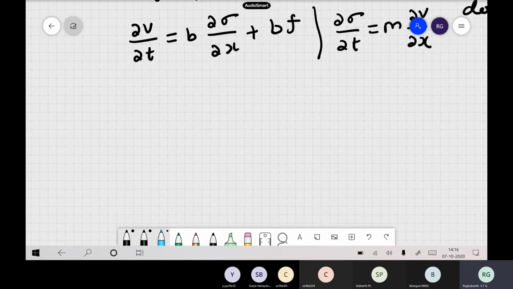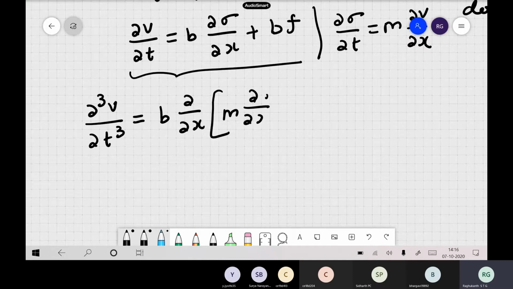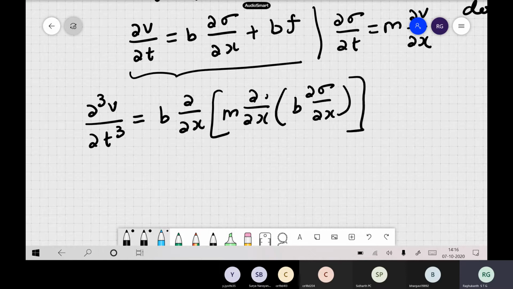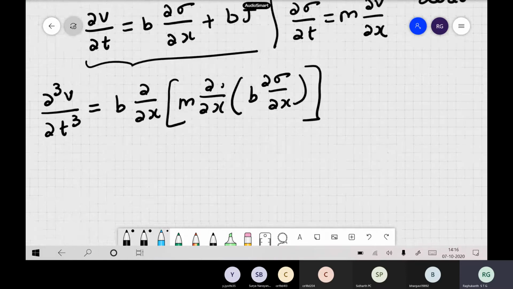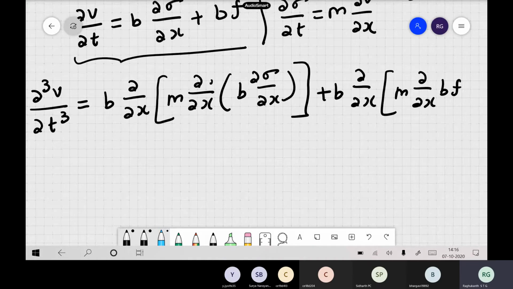So using this equation, if you differentiate three times, this expression twice, you can write this as b ∂/∂x of m ∂/∂x of b ∂σ/∂x, plus b ∂/∂x of m ∂/∂x of this expression, plus b ∂²F/∂t².